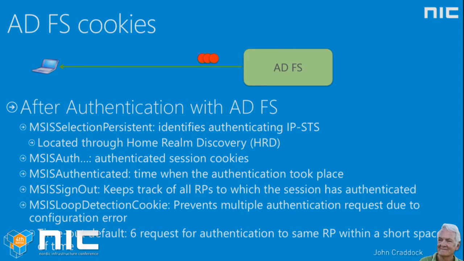So we hit relying party 1, we go up to our ADFS server, and in that cookie, which is the MSIS sign out cookie, it will say you have just gone to relying party number 1. When we go to relying party number 2 and we go up and automatically authenticate to the ADFS server, it extends that cookie. It says you've now gone to relying party 1 and relying party 2. If you go to number 3, it puts number 3 in there.